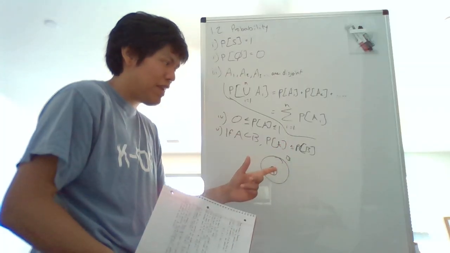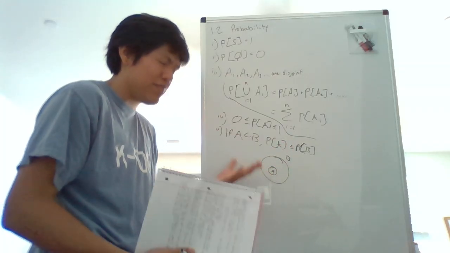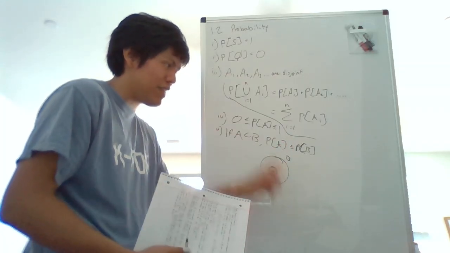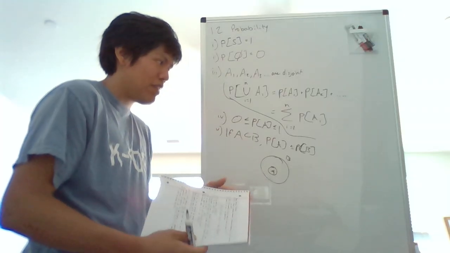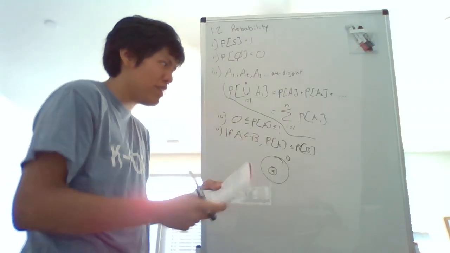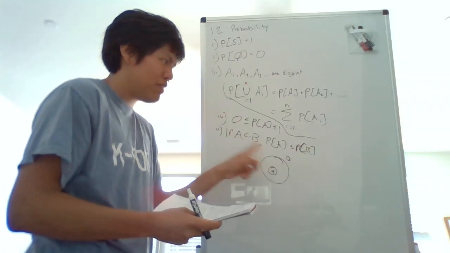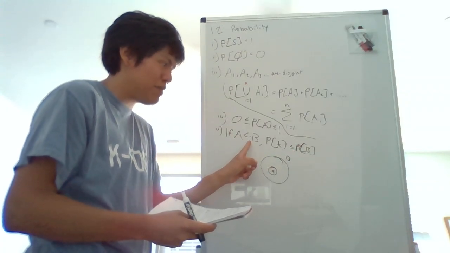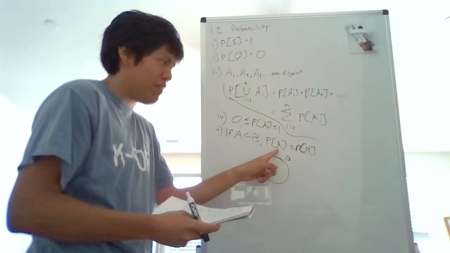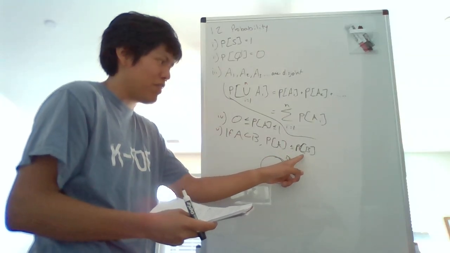But A could also, in some examples, be the same size as B and still be within B, and that's why it could also be equal to B. So again, if A is a subset of B, the probability of A is less than or equal to the probability of B.